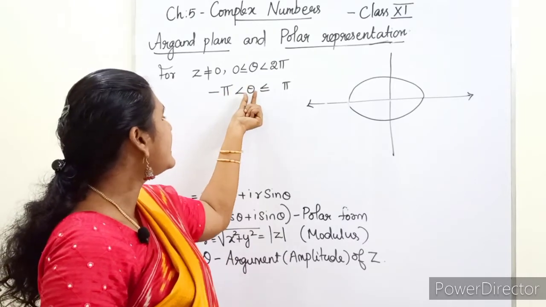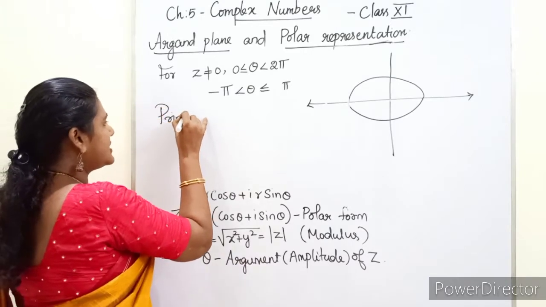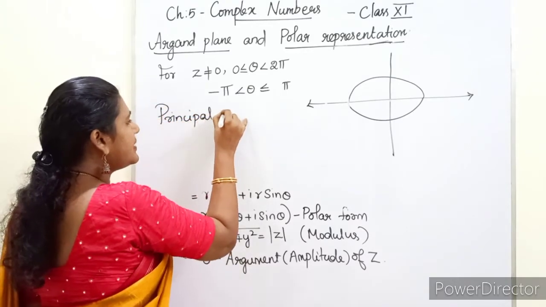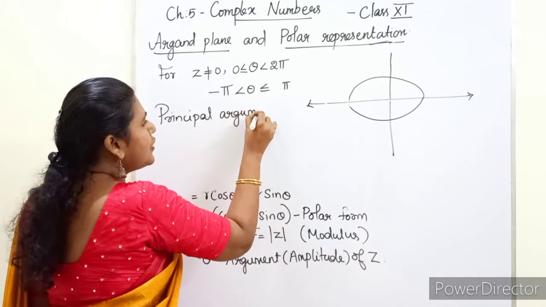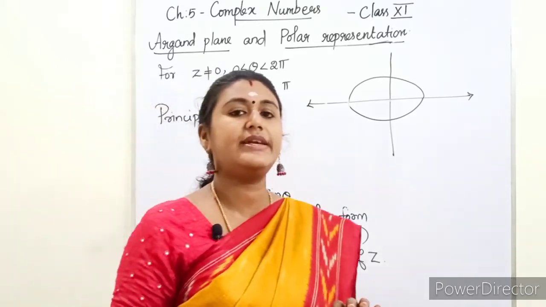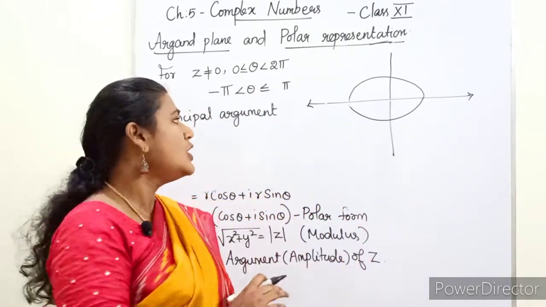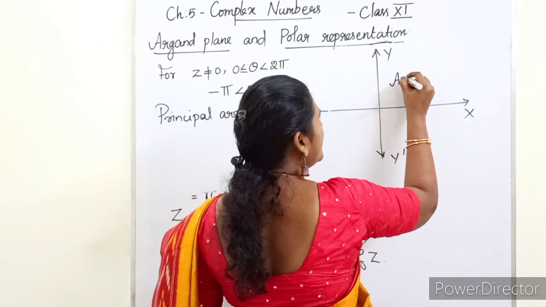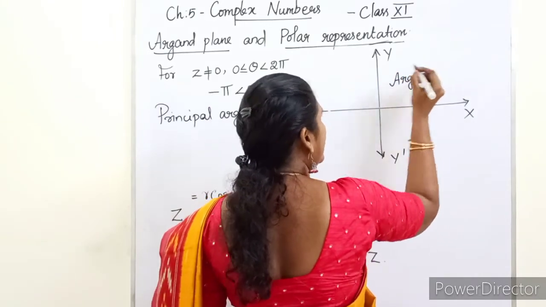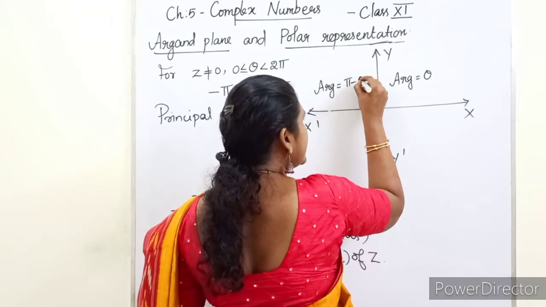The angle theta in this interval is called the principal argument. So how to find the principal argument? This principal argument will differ in each quadrant. We have to calculate in different ways. In the first quadrant, the argument will be theta itself. In the second quadrant, the argument will be pi minus theta.